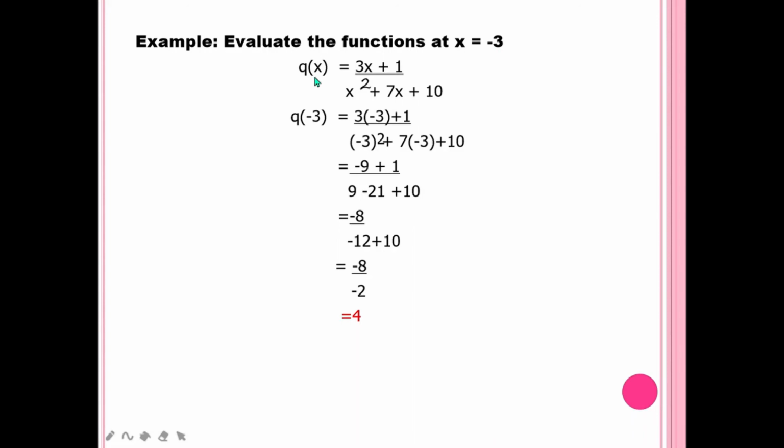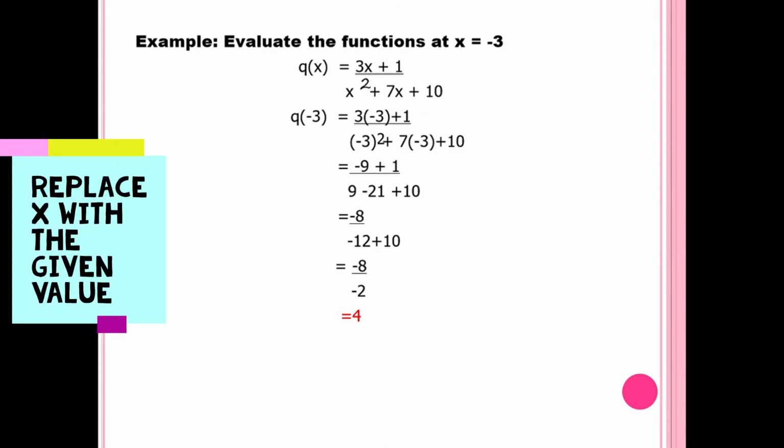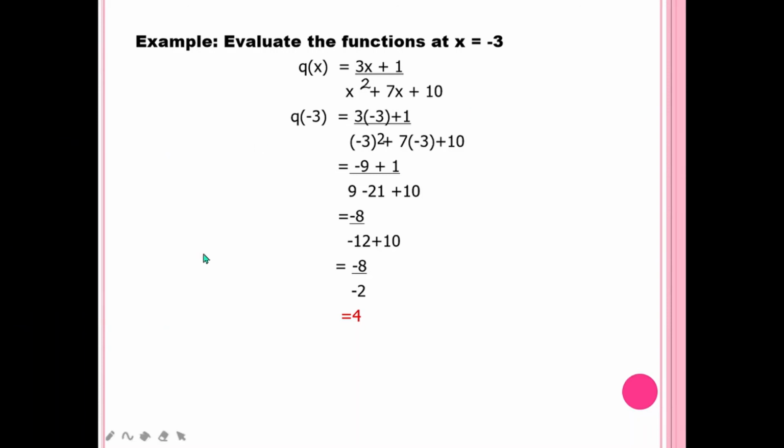So Q of x is equal to 3x plus 1 all over x squared plus 7x plus 10. The next thing we do is replace: Q of negative 3 is equal to 3, and because there is x here, we replace the x with its value, which is negative 3, plus 1 all over x squared.